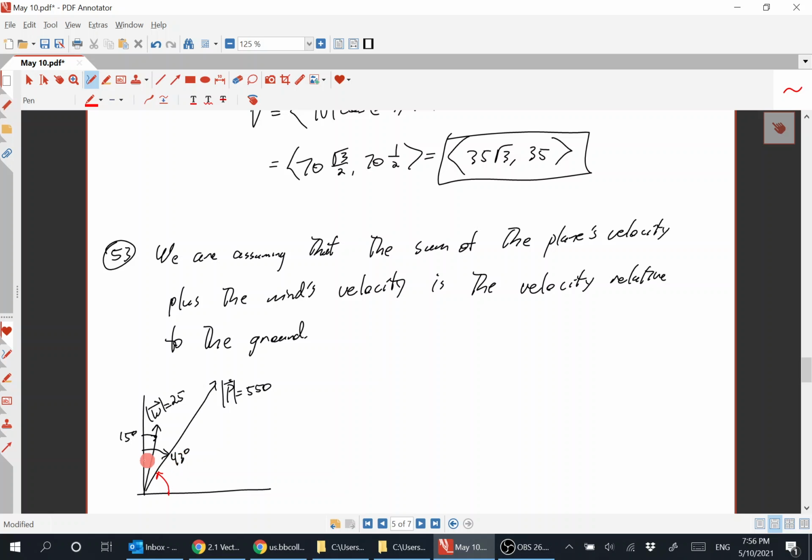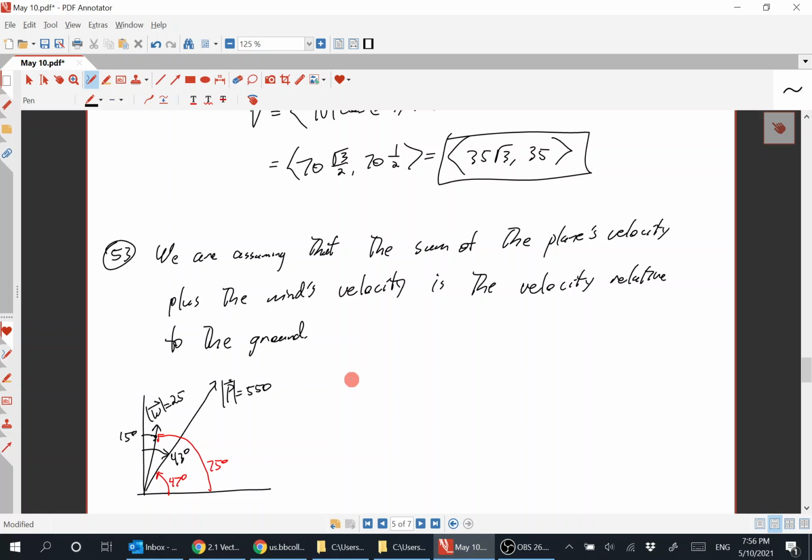So since this one is 43, this one is 45 plus 2, 47 degrees. Right, they're supplementary angles or whatnot. They have to add up to 90. So that's 47. And this one here is 90 minus 15, which is 75 degrees.